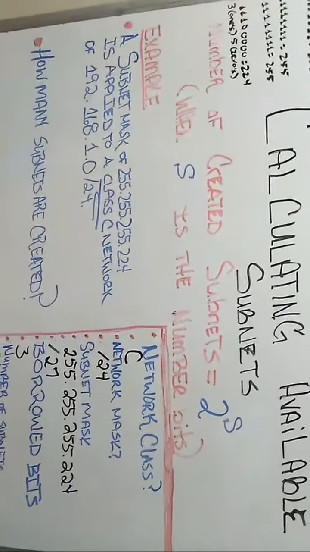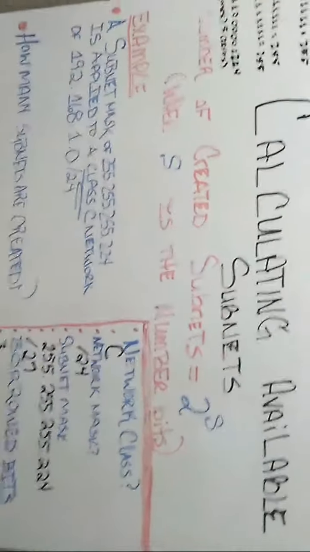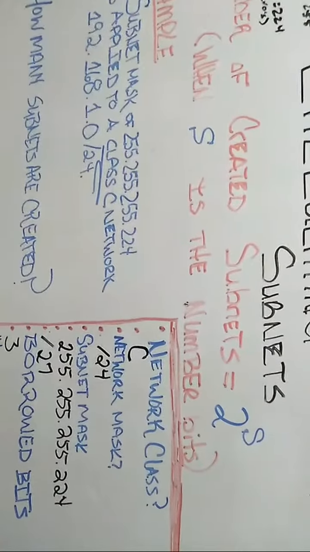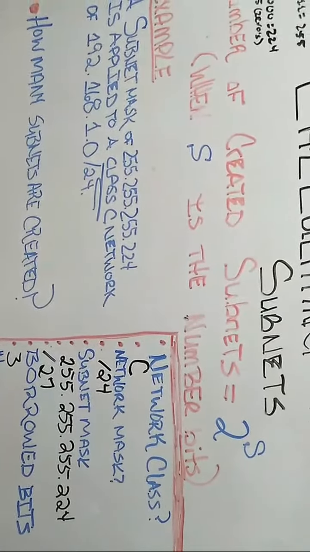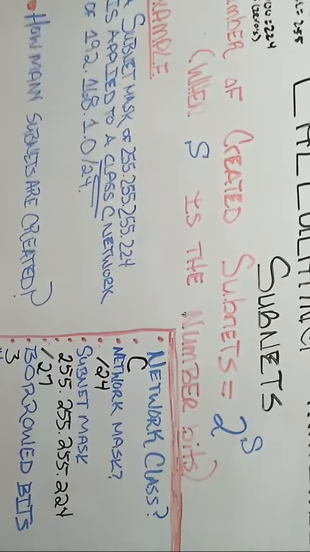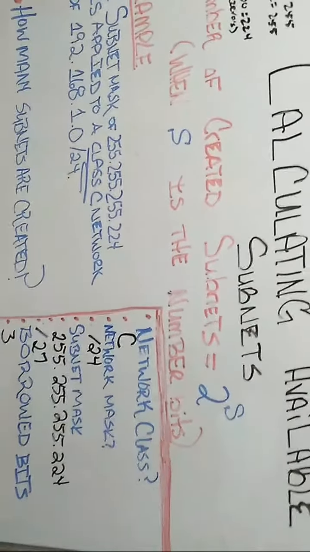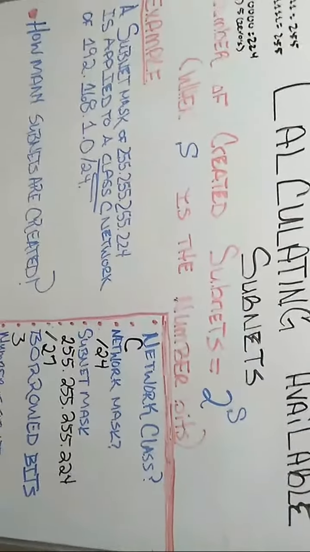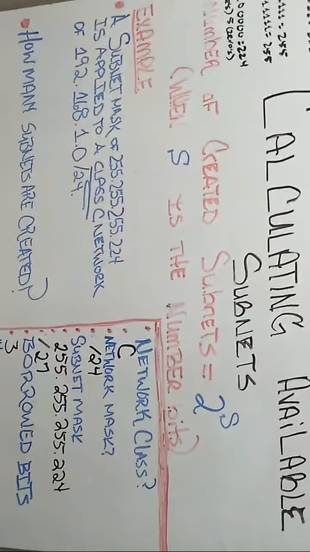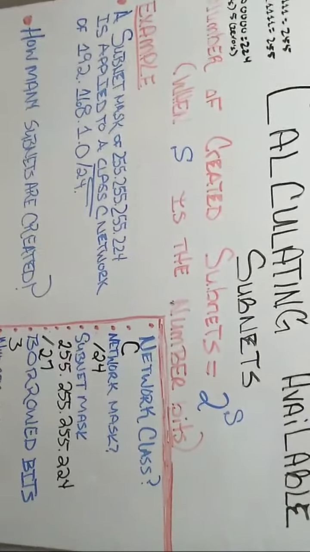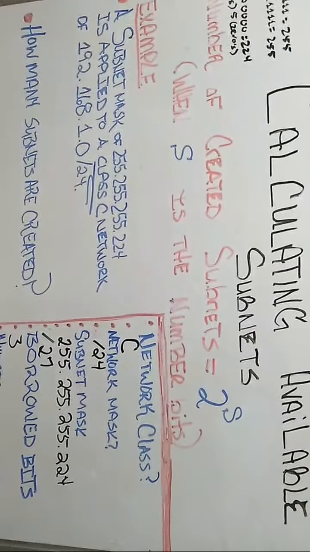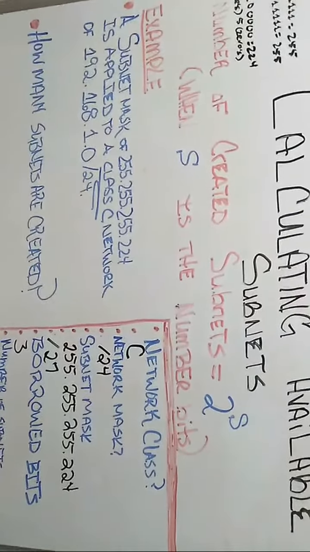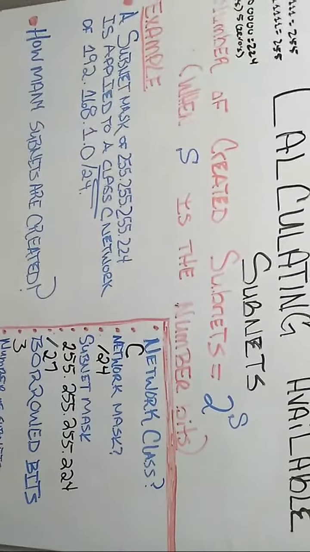So if we don't know what the natural subnet is or the default subnet mask, we may not know how many borrowed bits we have. That's why it's very critical, guys and ladies, to know the default mask for the different classes of addresses.